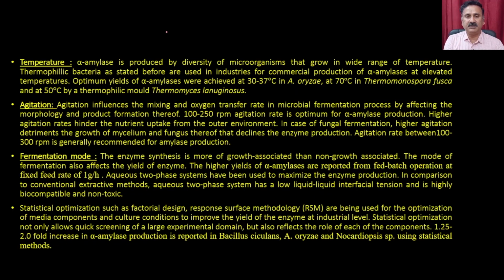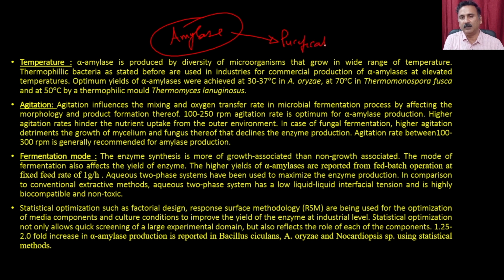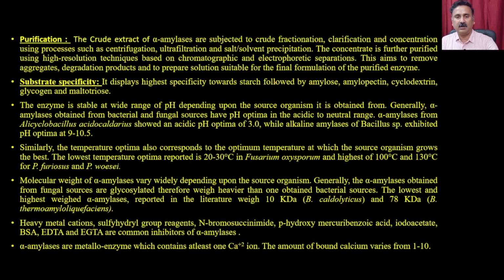Once you have produced the amylase, the next task is to do the purification, right? You have to isolate this, and you are going to do that with the help of different types of chromatography systems or fractionations.